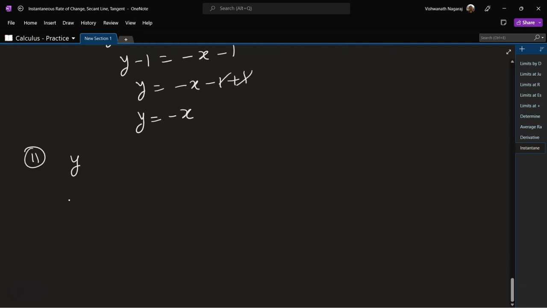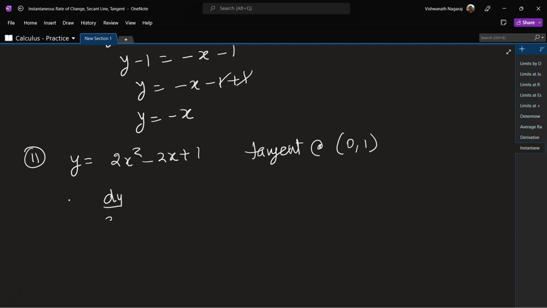Okay, 11th one. y is equal to 2x square minus 2x plus 1. And we have to find the tangent at 0, 1. So dy by dx is equal to 4x minus 2.